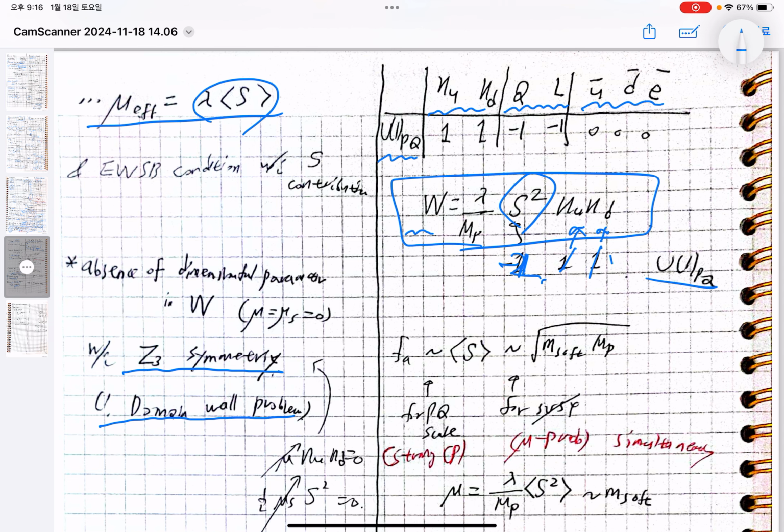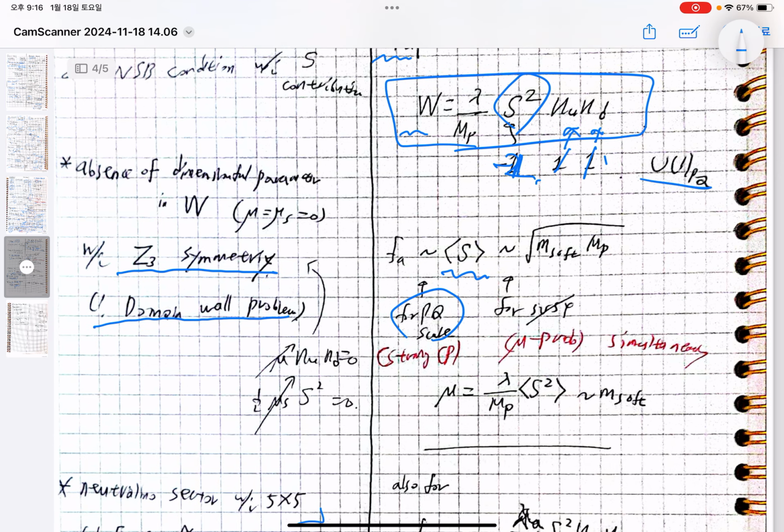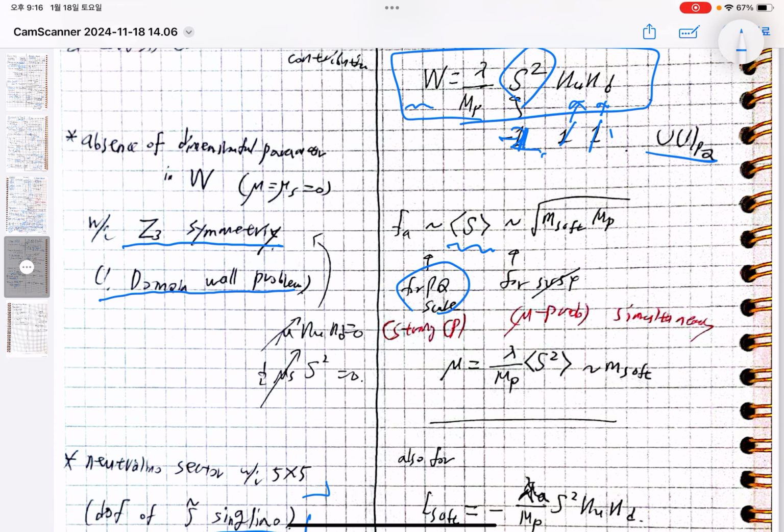And the PQ scale is determined by the VEV of the singlet field S. For the supersymmetry breaking scale to be low, this term, lambda S squared over the Planck scale, should be similar to the soft mass. So this is the effective mu term generated by the VEV of the S here.